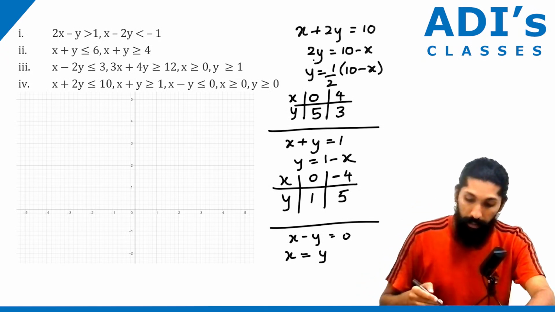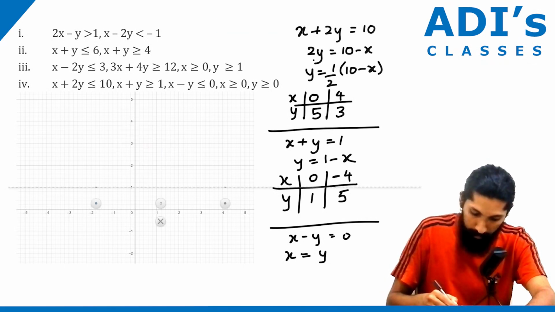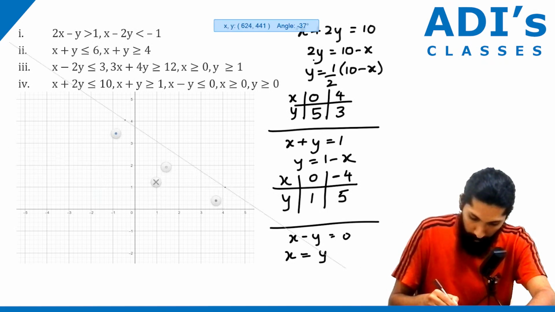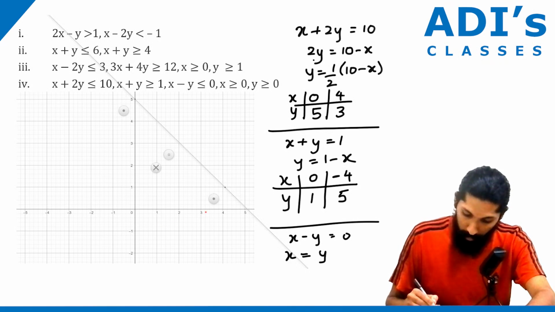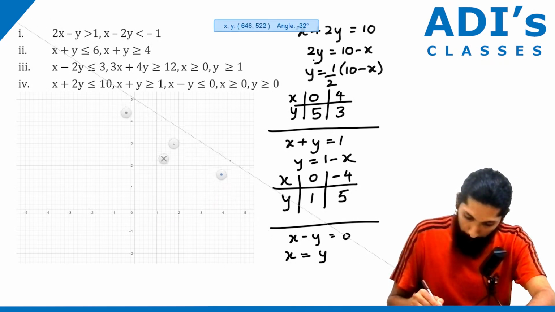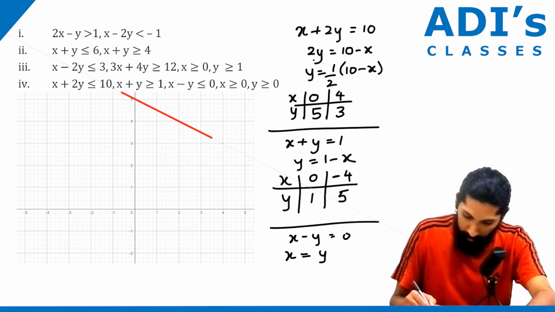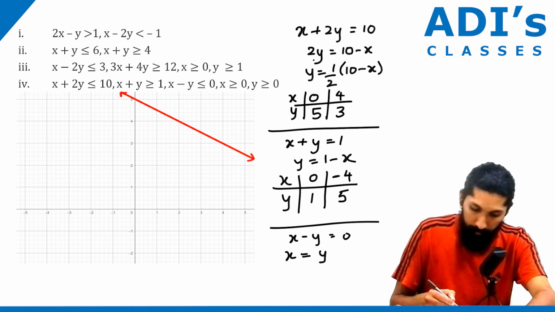For the first one, when x is 0, y is 5. Next, when x is 4, y is 3. So the line is going to go like this. This is the first line.